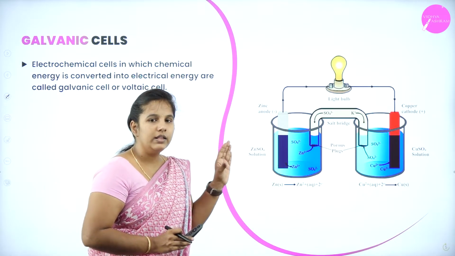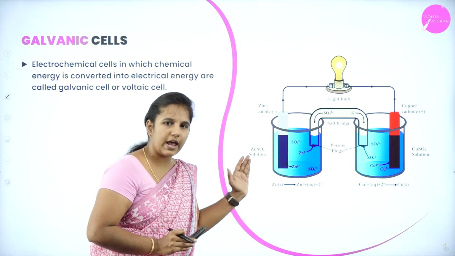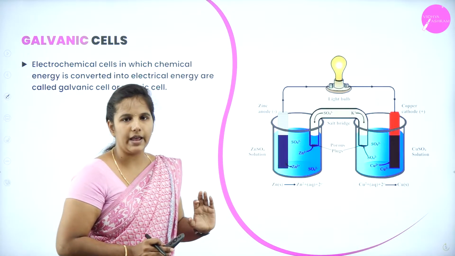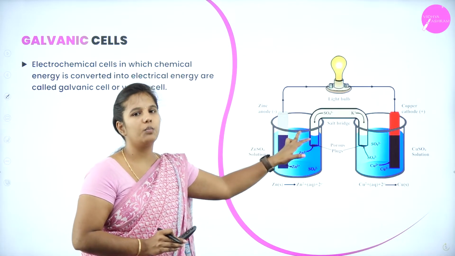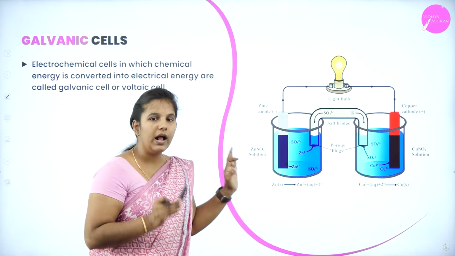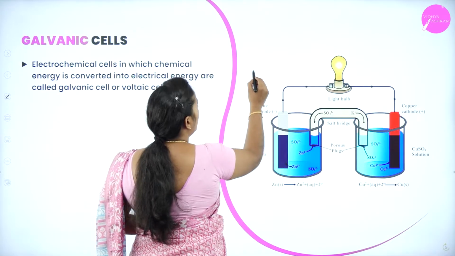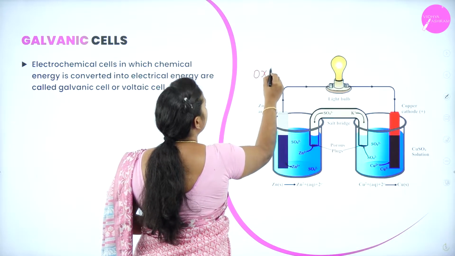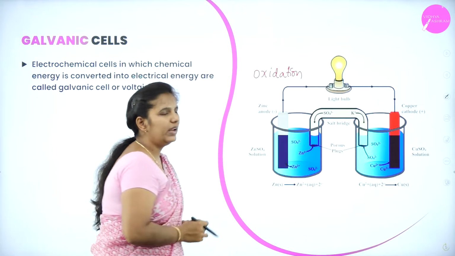Now, I have already told you that I have considered one of the electrodes as an anode and one as a cathode. Here, the zinc will act like an anode and copper will act like a cathode. One thing you have to remember is that, especially at the anode, oxidation always takes place.